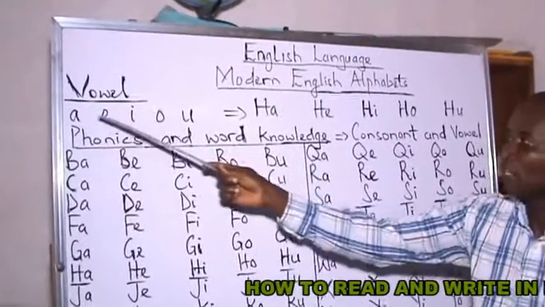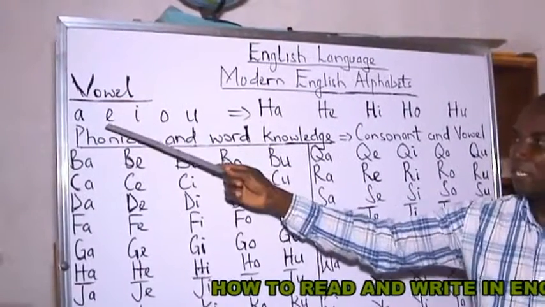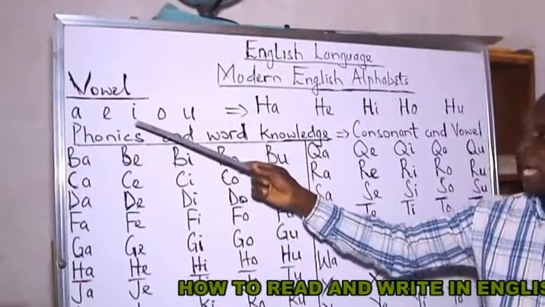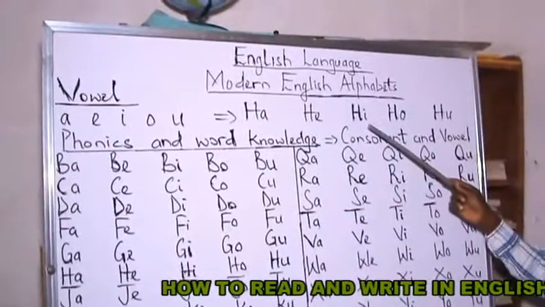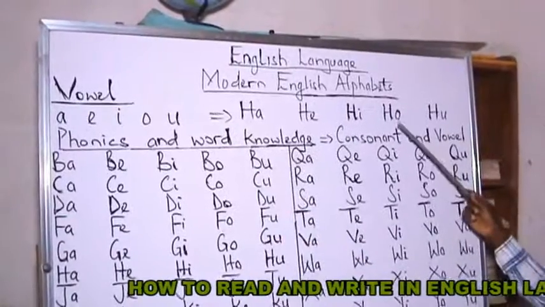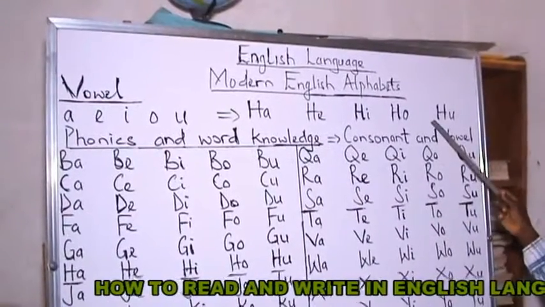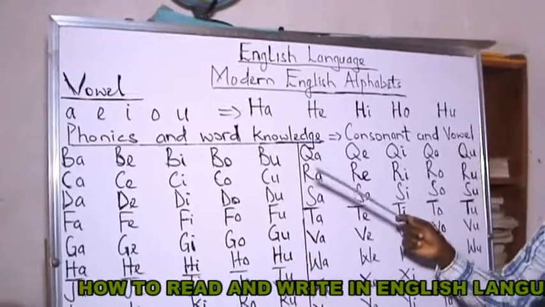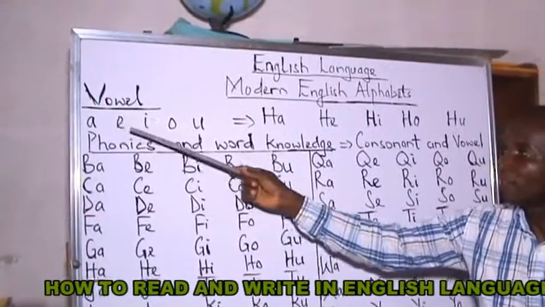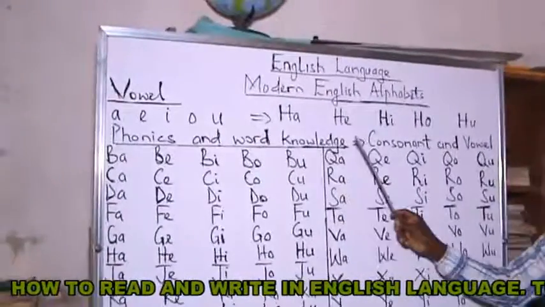This A is going to change to A, while this E is going to change to E, while this I is going to change to E, while this O will change to R, while this U is going to change to R.